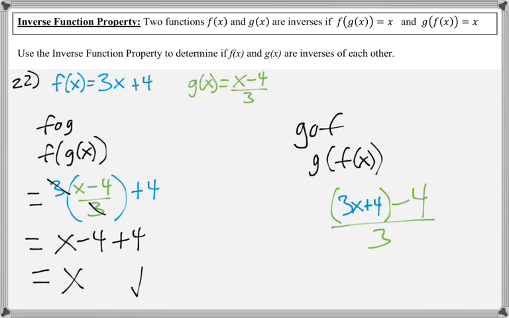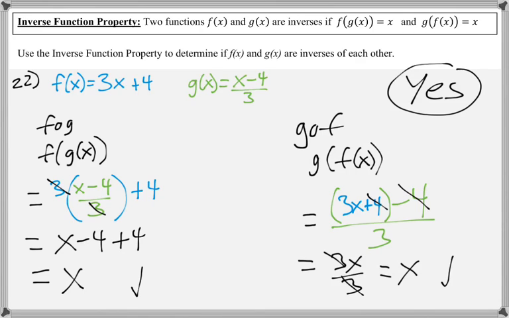And then if we simplify, we see that the 4's go away, and then the 3's go away. So this is also equal to x. So because they're both equal to x, yes, these are inverses of each other.